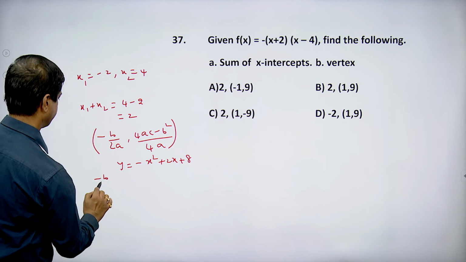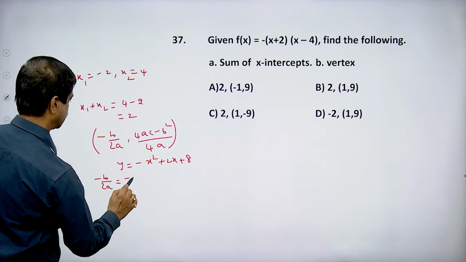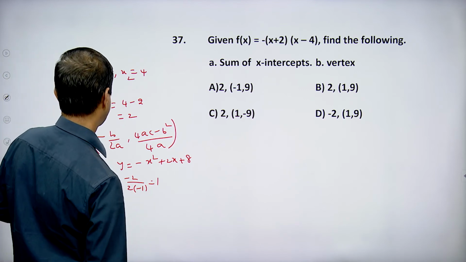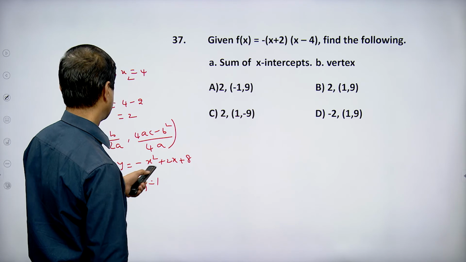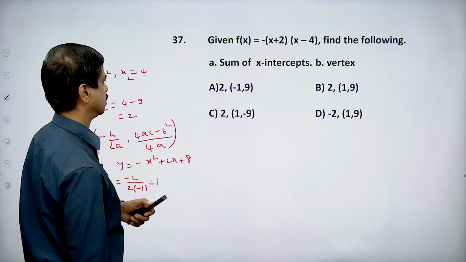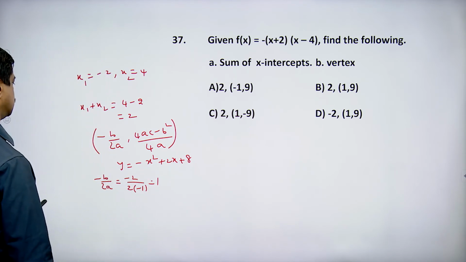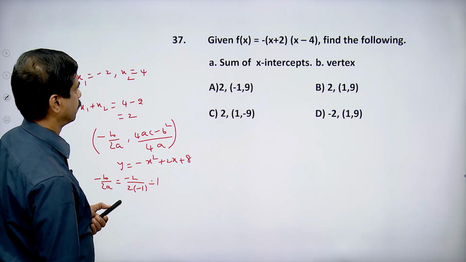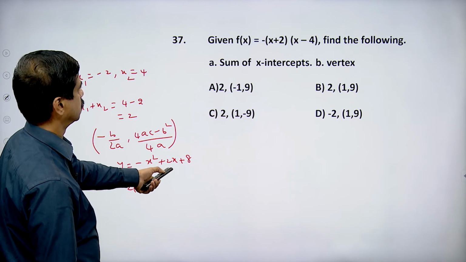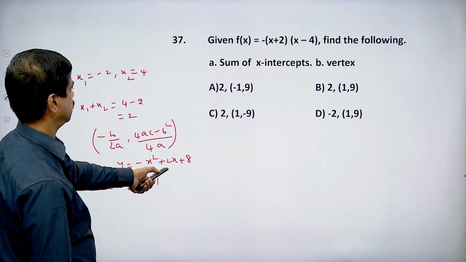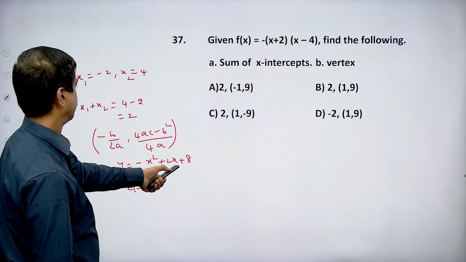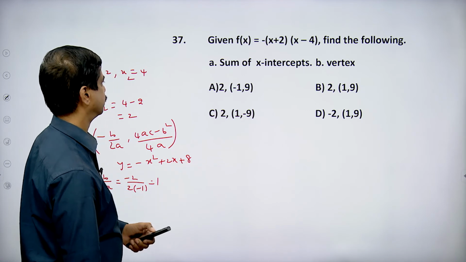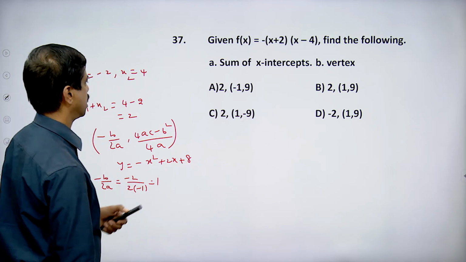Minus b is minus 2, by 2 into a, which is minus 1. So this is 1. So anyway, we got x as 1.